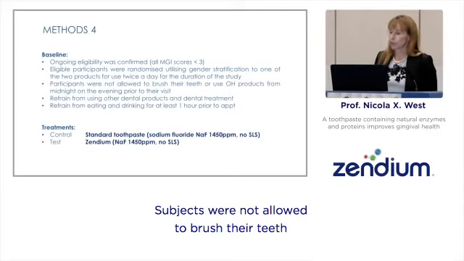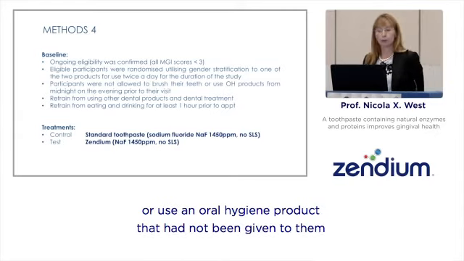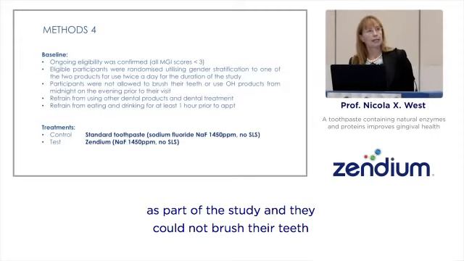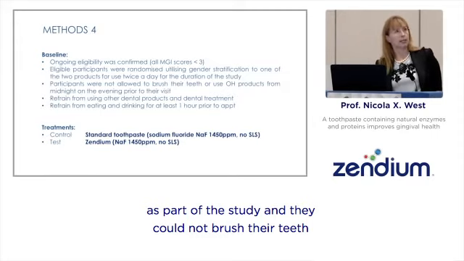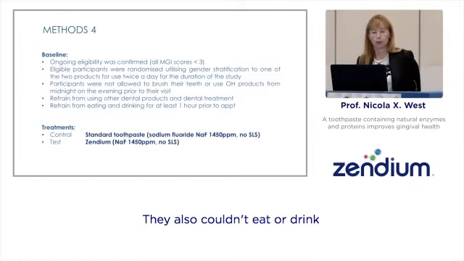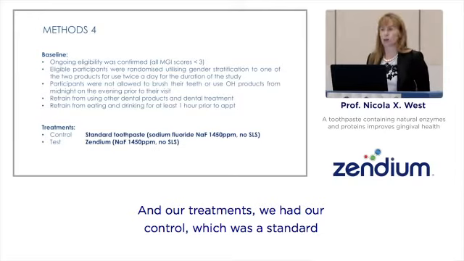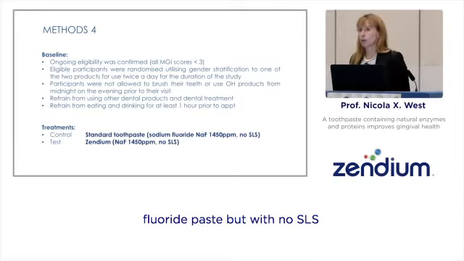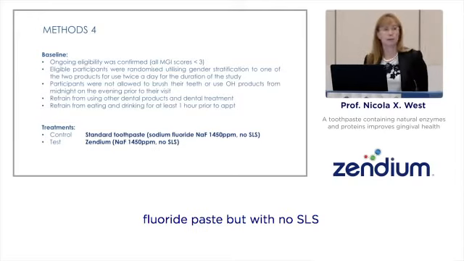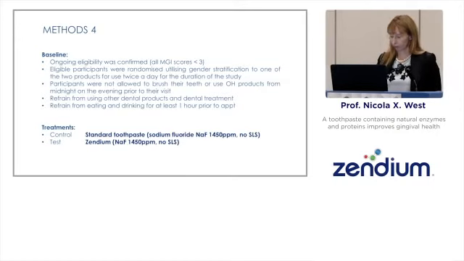Subjects were not allowed to brush their teeth or use an oral hygiene product that wasn't given to them as part of the study, and they could not brush their teeth after midnight the night before their next scoring session. They also couldn't eat and drink for 1 hour before their next appointment. And our treatments: we had our control, which was a standard fluoride paste but with no SLS, and our test was our Zendium toothpaste.